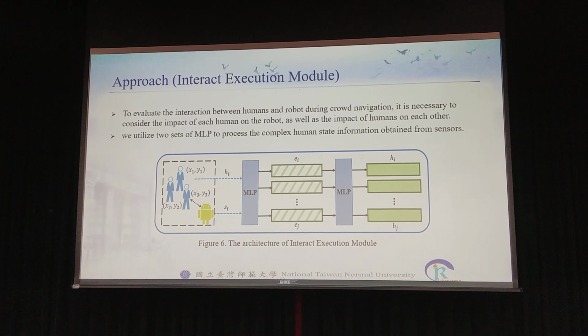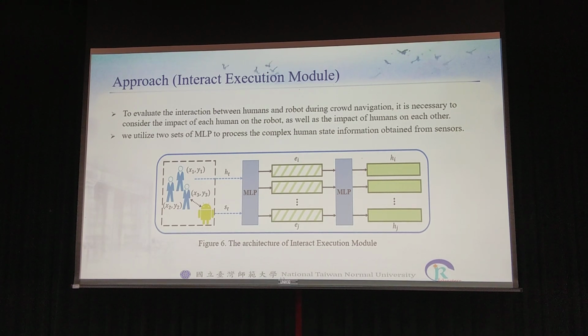To evaluate the interaction between human and robot during navigation, it is necessary to consider the impact of each human on the robot, as well as the impact of humans on each other. We organize 2 stacks of MLP to process the complex human state information obtained from the sensor.